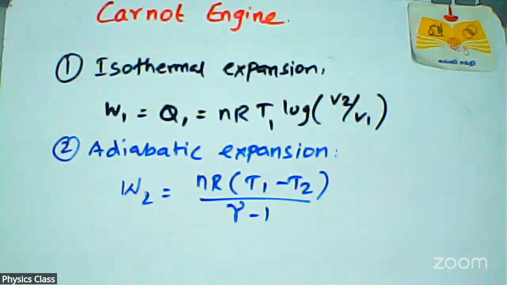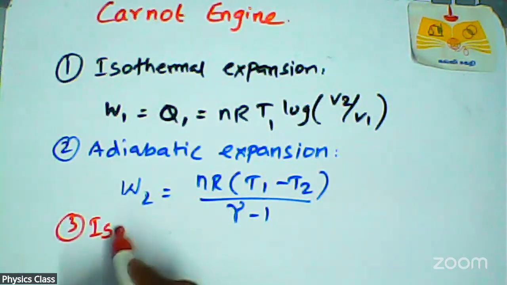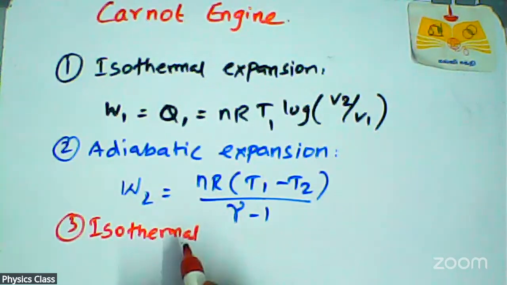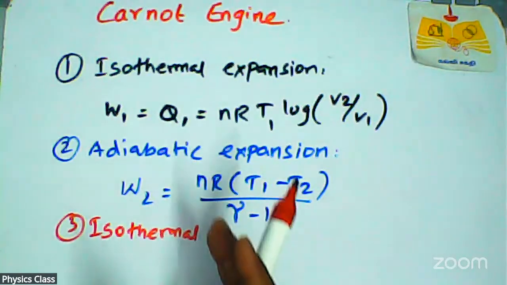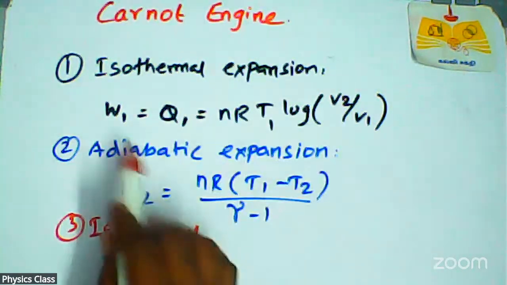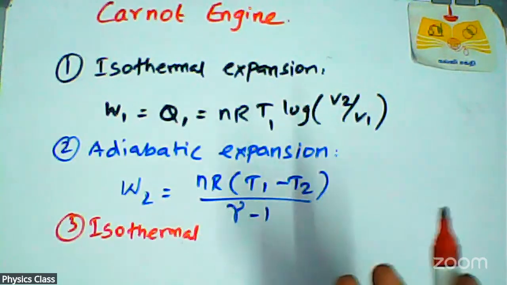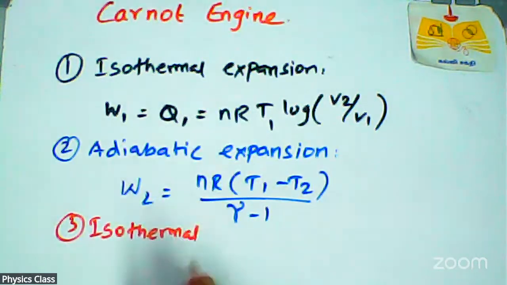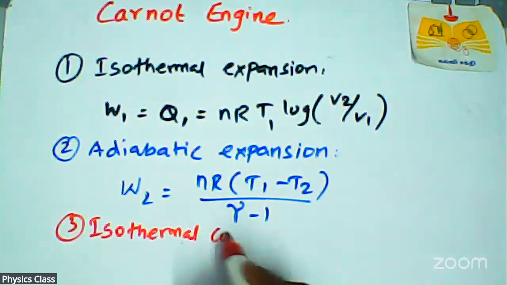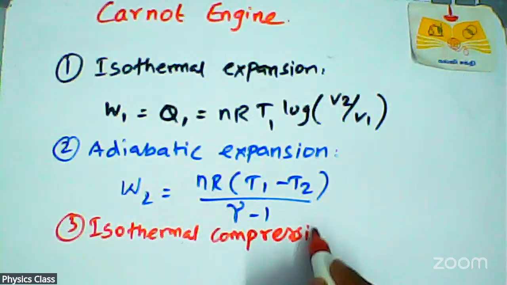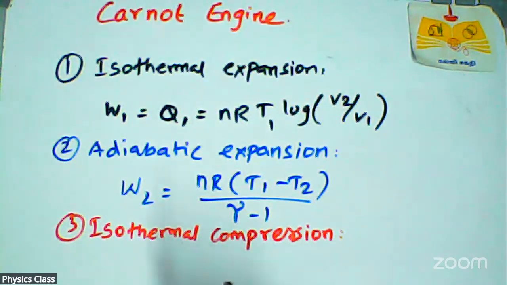Then next, isothermal compression. We have to know the work done in every stage, then only can we find the total work done in the four-step cycle. In isothermal compression, the gas is placed in thermal contact with a sink at low temperature T2, also called TC or TL.